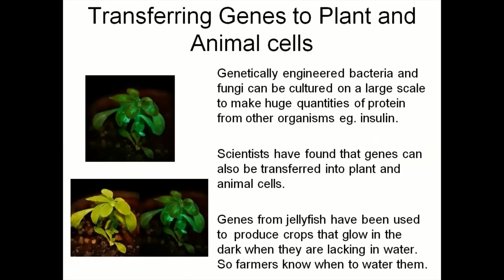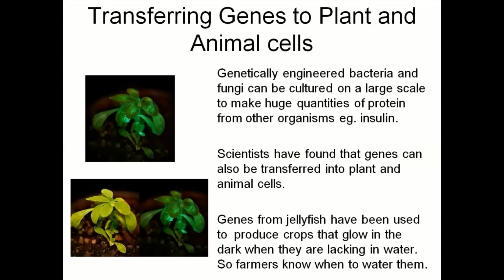Genetically engineered bacteria and fungi can be cultured on a large scale to make huge quantities of protein from other organisms. Scientists have found that genes can also be transferred into plant and animal cells.